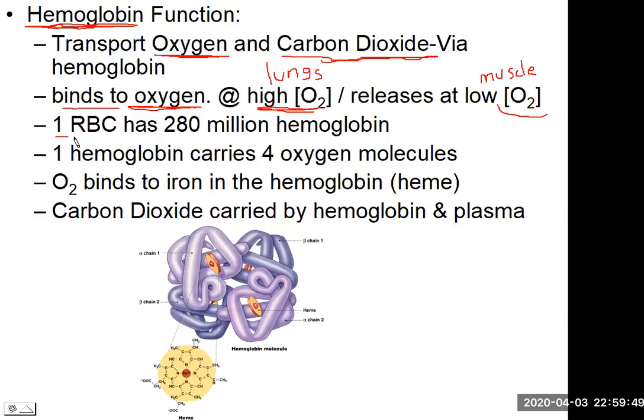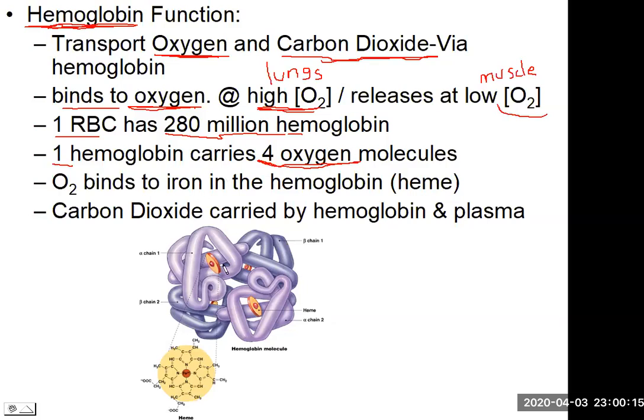And again, a single erythrocyte has a huge oxygen capacity. With millions of these hemoglobin proteins, and a single hemoglobin molecule having the capacity to transport 4 oxygen molecules, that gives us a tremendous capacity to transport oxygen through our bloodstream.